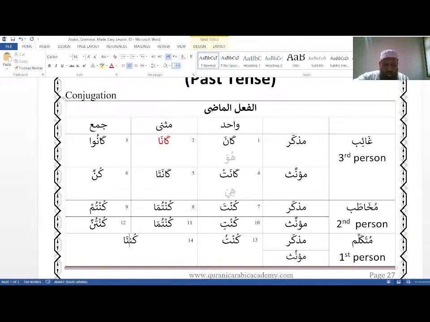Again, كن: one noon is for the فعل, another noon is for the متكلم جمع, so you write one noon and put شدة, كنا.